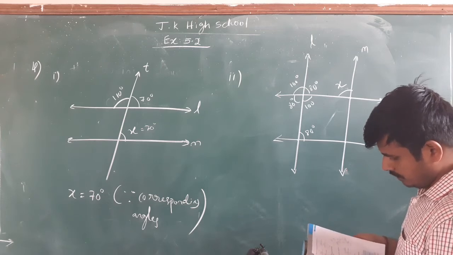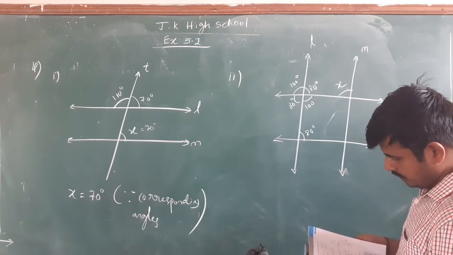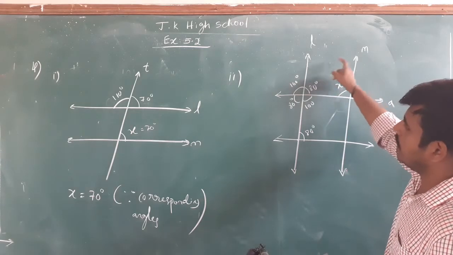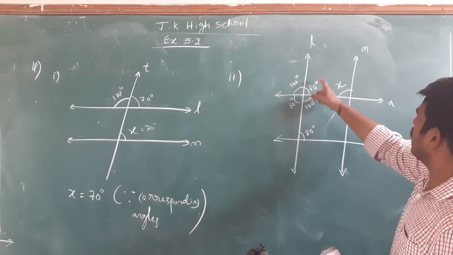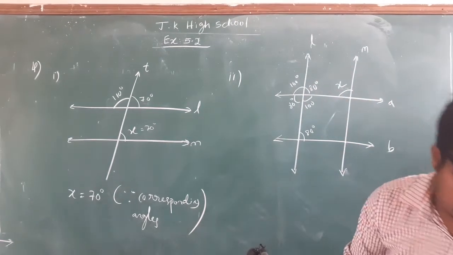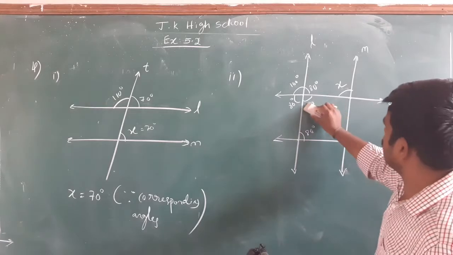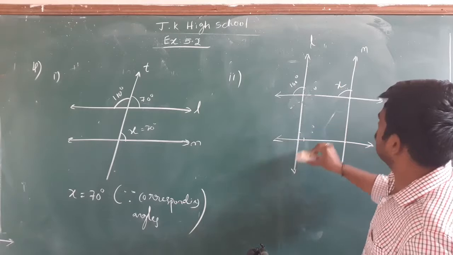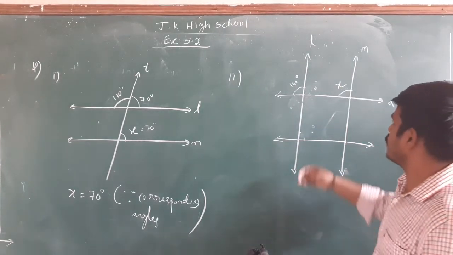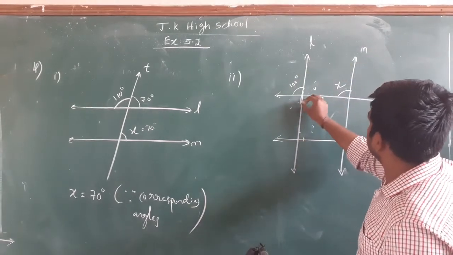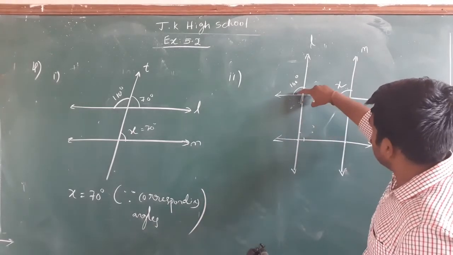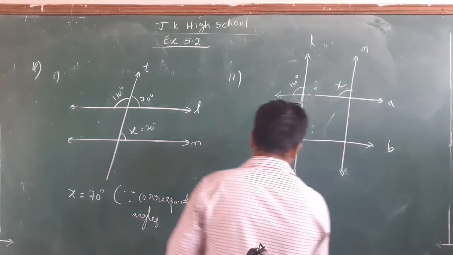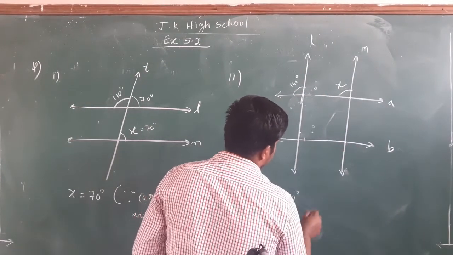L and M. Okay, you can observe L and M are parallel here. If L and M are parallel, no need to mess up this. It's very simple actually. I missed one point. This much is given in the question. If L and M are parallel, A becomes a transversal, and 100 is corresponding with x, therefore x is equal to 100 degree.